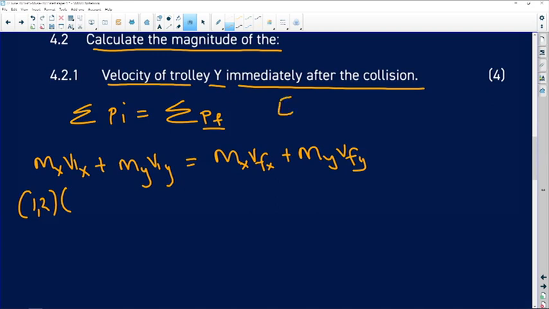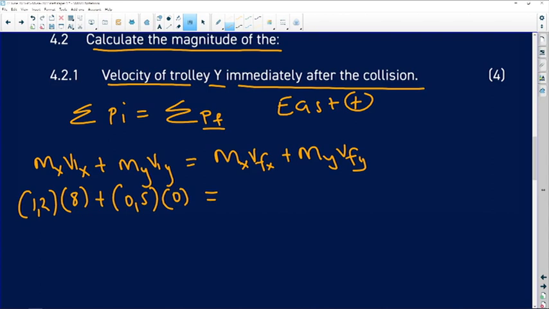I am choosing east as positive. So I have 8, which is positive, plus the mass of trolley Y, which was 0,5. But remember that the velocity of Y is 0 because we say it was at rest.